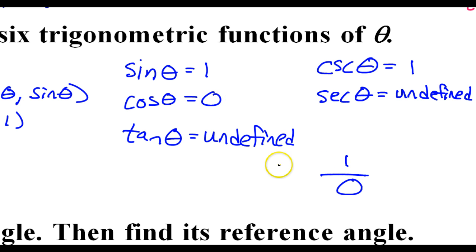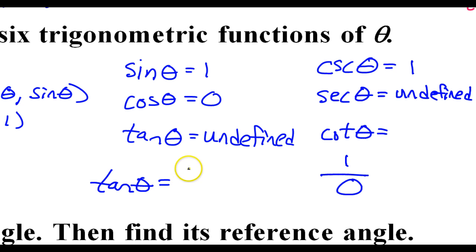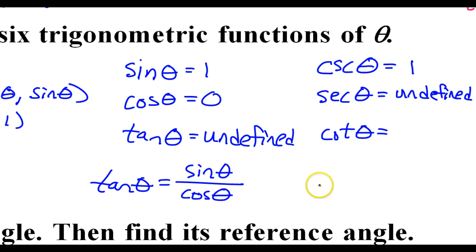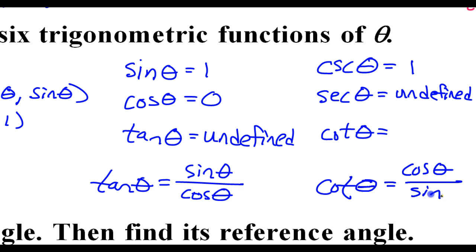Can't divide by 0. What about the reciprocal of tangent, which is the cotangent? Remember that tangent of an angle is the sine divided by the cosine. If you hold that in your brain, then it's easy to understand that the cotangent of an angle is going to equal the cosine over the sine, because that's your reciprocal.